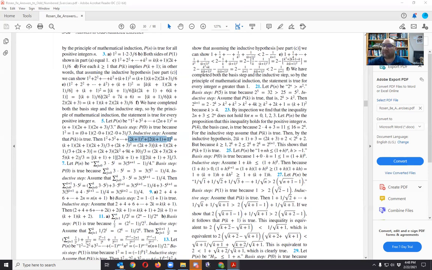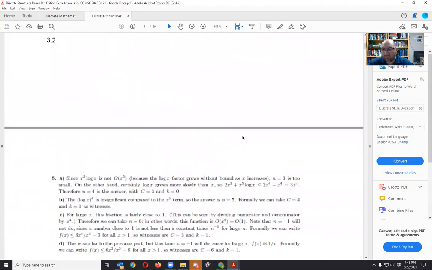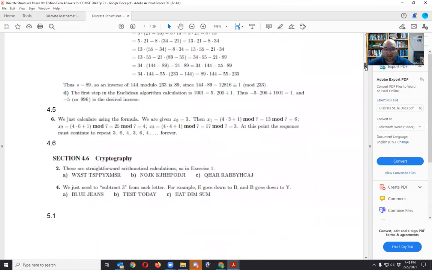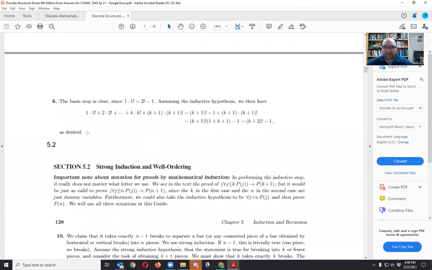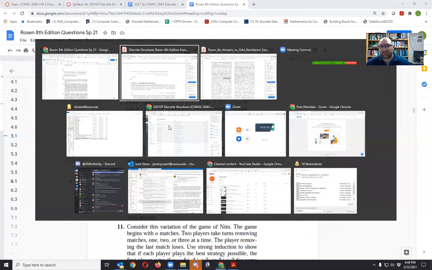Now, problem number 6. There's 5.1 and number 6. What is problem number 6 right quick? 6 is going to be prove that 1 times 1 factorial plus 2 times 2 factorial plus through n times n factorial is equal to n plus 1 factorial minus 1 whenever n is a positive integer.